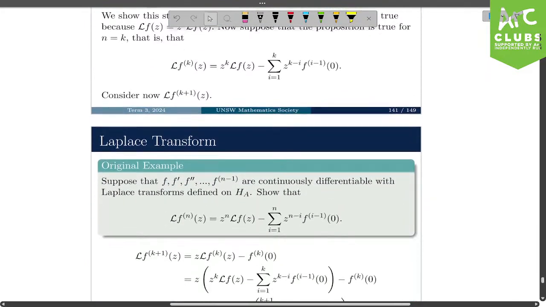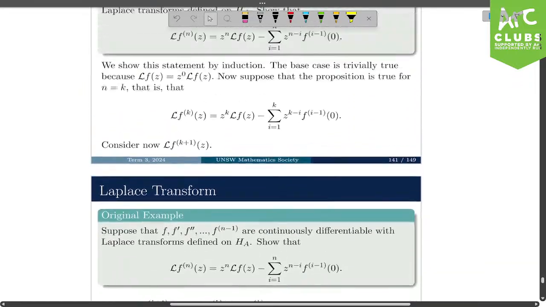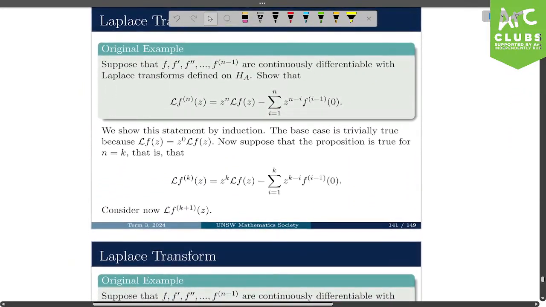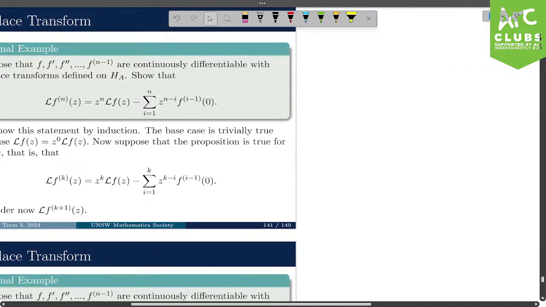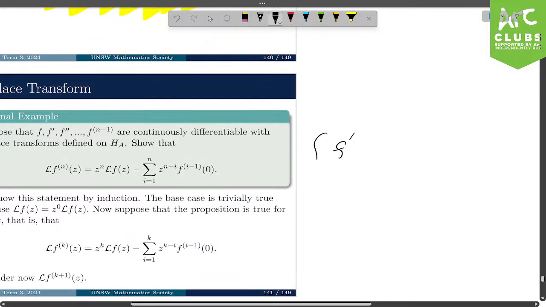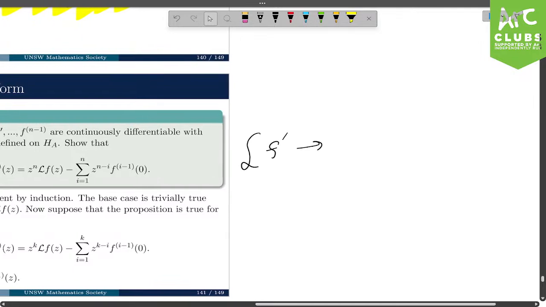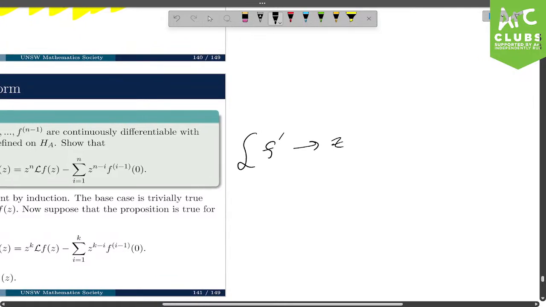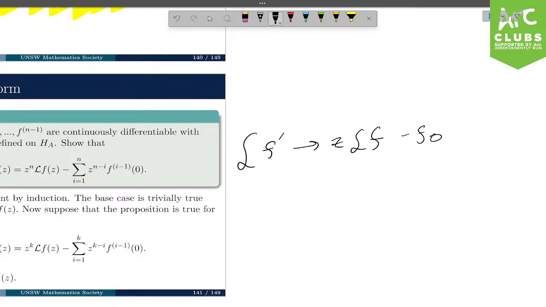So we can consider this in a few ways. First of all, induction does work, I suppose, where you say, okay, if I take f dash and I Laplace transform that, then what I get should be z Laplace of f minus f0.